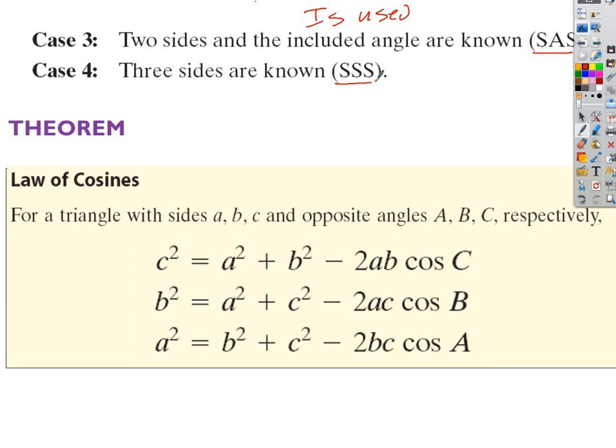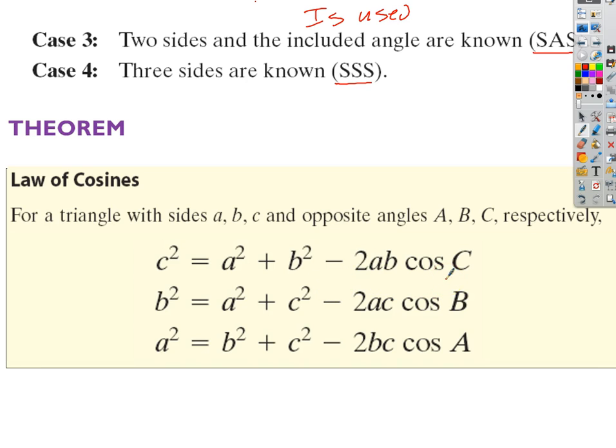And the law of cosines looks complicated. It's not horrible. If you look, very loosely, it looks like it's based off of a squared plus b squared equals c squared, with a little bit more fudging around with this extra piece here.